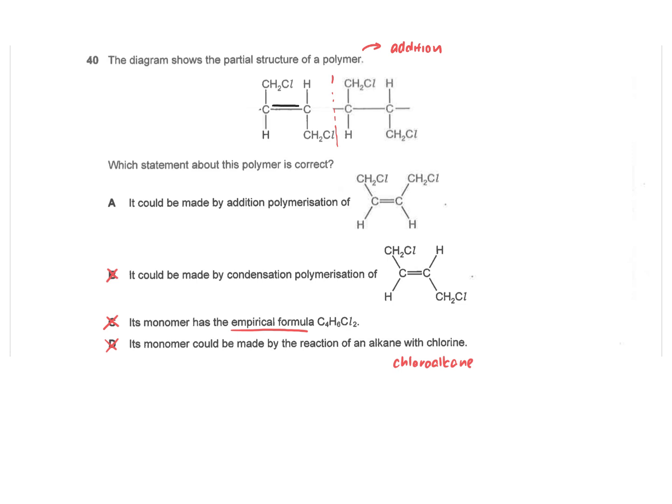When you look at the structure of the monomer that I've created above, it seems to differ from what is given in option A. That's especially obvious if you have learned something called cis-trans isomerism, which is not in the syllabus, meaning you see this group is opposite to each other in the alkene, and these two groups are on the same side of the carbon-carbon double bond. So why is A still correct?